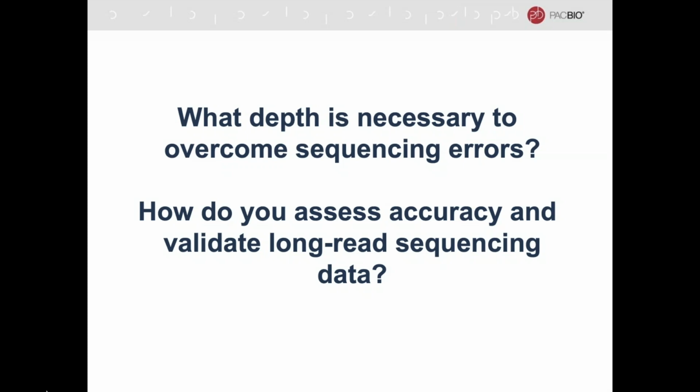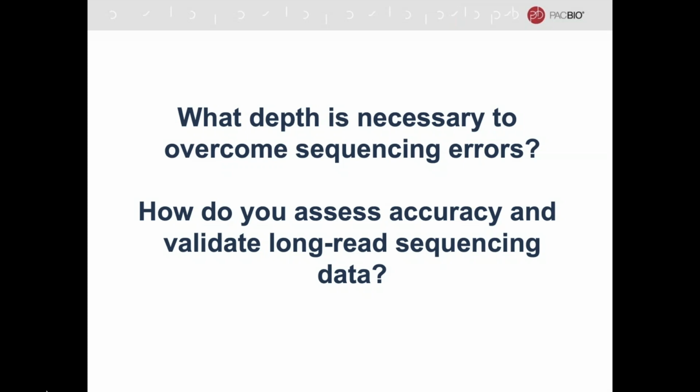And what we've seen is with the assemblers we've been working with, primarily the Falcon assembler, below 70x coverage of raw data, we start to see significant drop off in quality or genome completeness. So that seems to be a pretty important point for us.